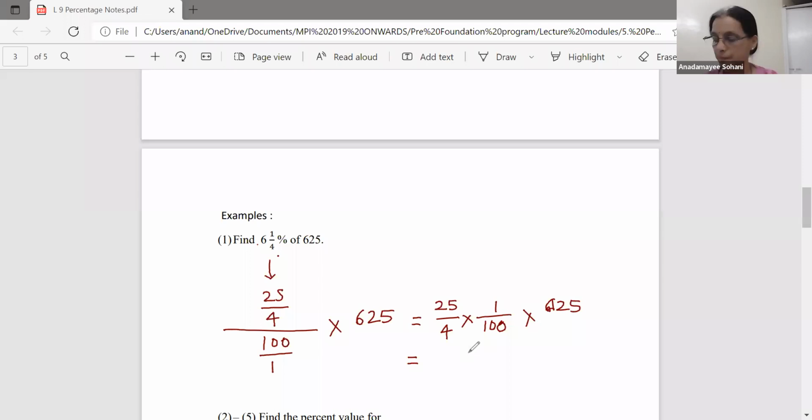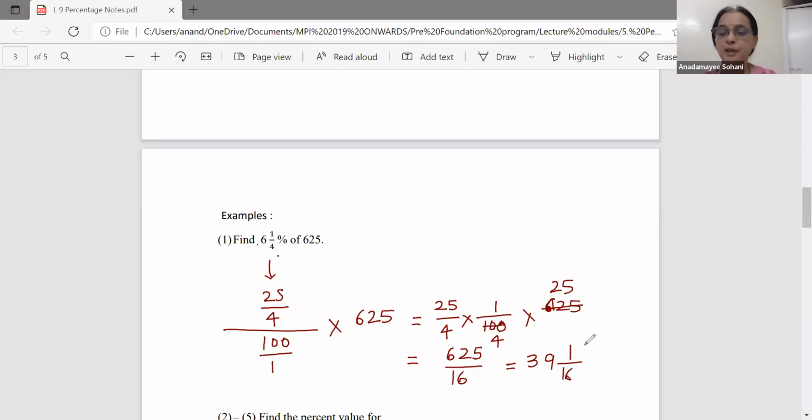And when I solve this, I can do 25 4s are 16 and 25 into 25, 625. So I will get the answer as 625 upon 16. And when I convert it to mixed fraction, it comes 39 integer 1 upon 16.